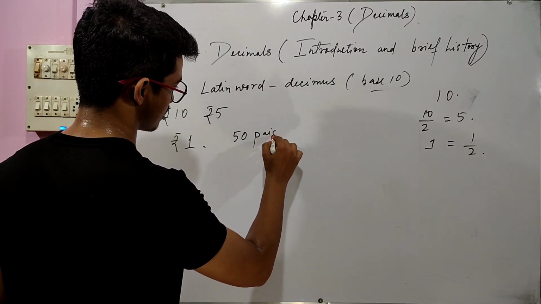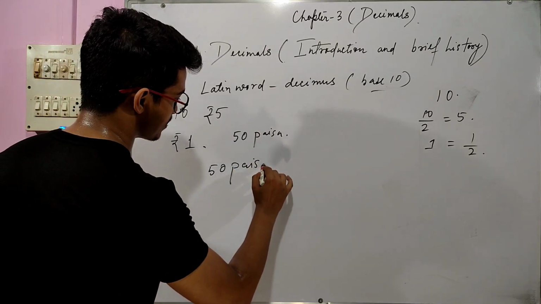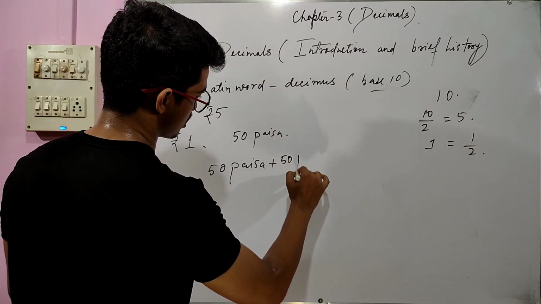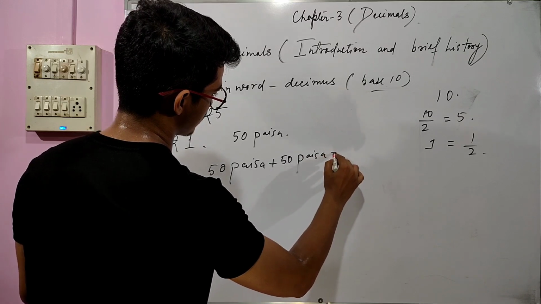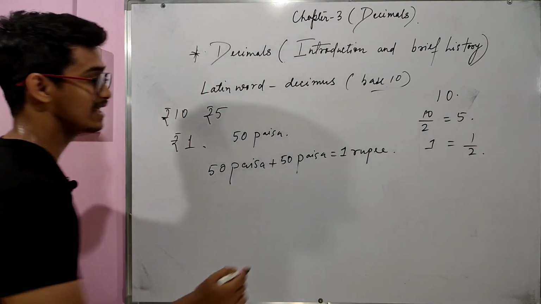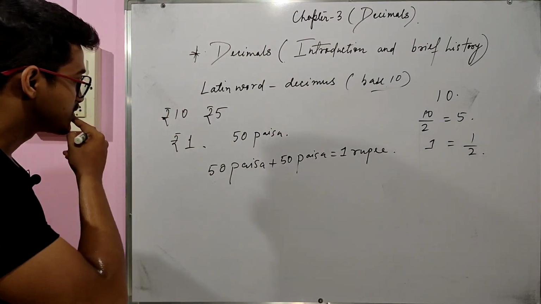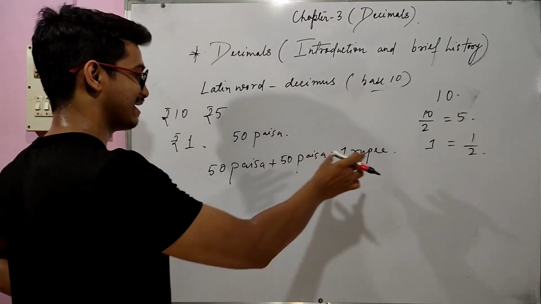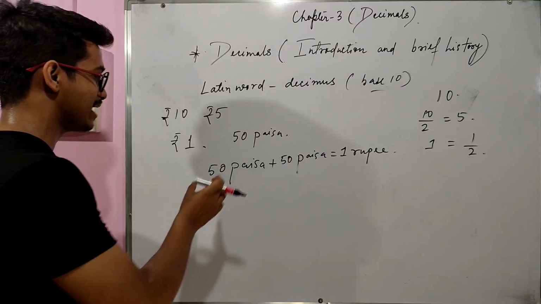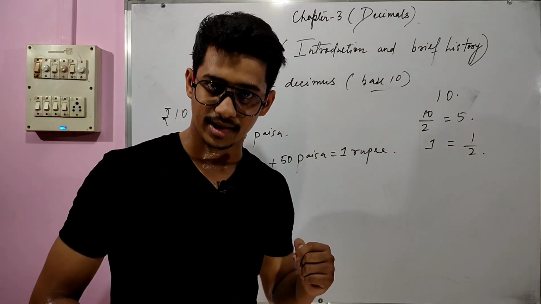That is 50 paisa. So when we add 2 50 paisa, what do we get? 1 rupee. So mathematicians felt that when something is lesser than 1 rupee and the same thing is added to each other, then we can get a 1 rupee coin.